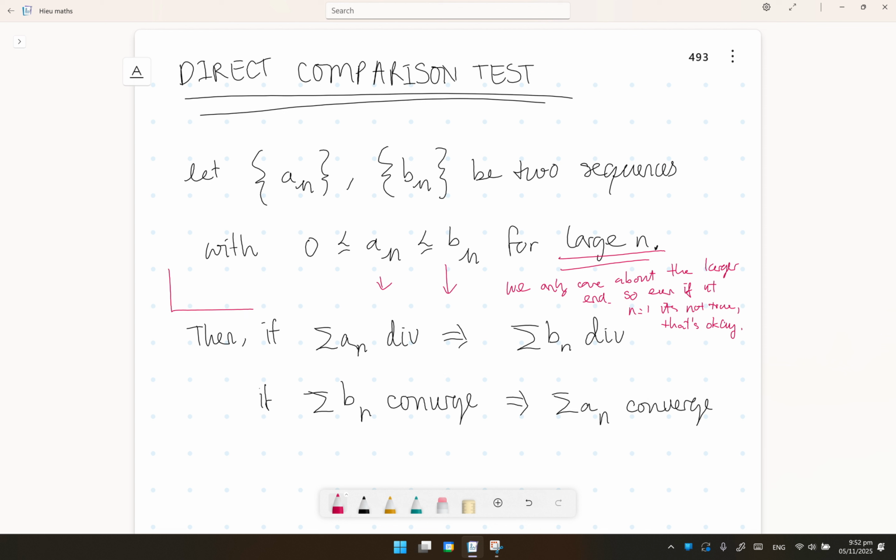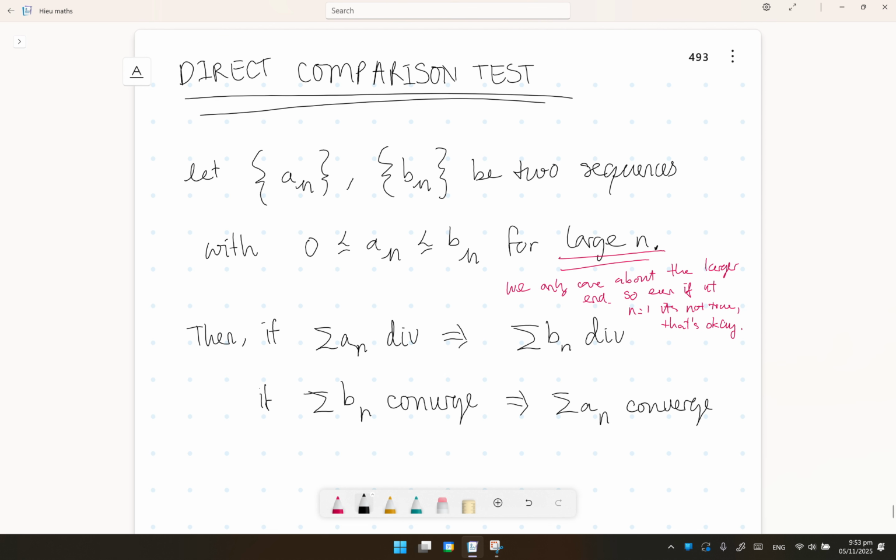If you think of sequence B going like this, and sequence A is always lower than sequence B, then sequence A will be convergent as well. So if the larger one is convergent, the smaller one is also convergent. They squeeze down. If the smaller one A is divergent, then the larger one must also diverge. Again, it's similar to the idea from improper integrals or the squeeze theorem.